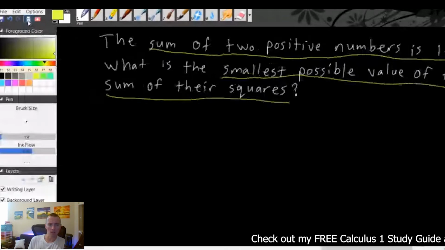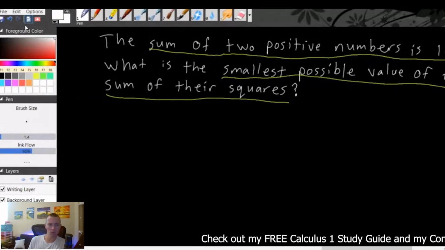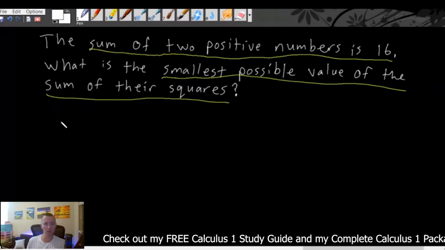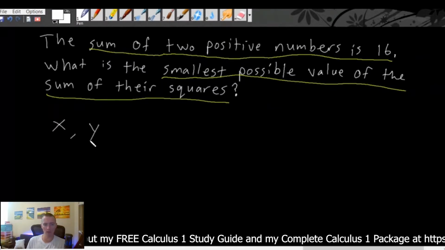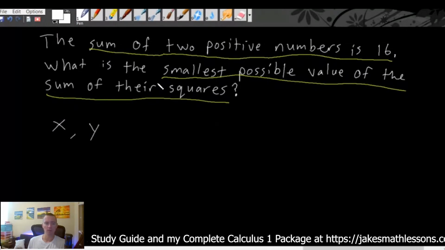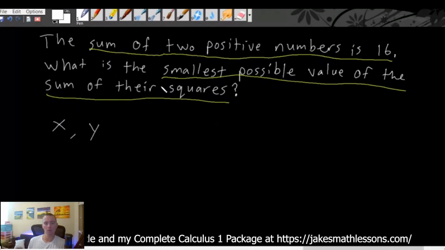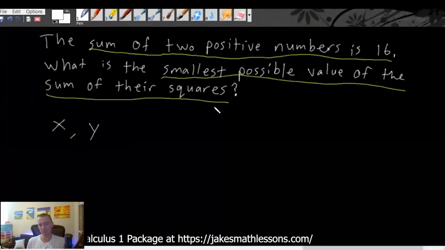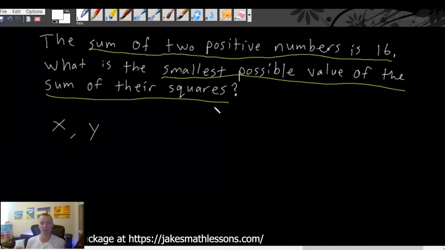We don't know what the numbers are, but we can just say x and y. We know they're positive, we know their sum is 16, and we know what we're looking for: the sum of their squares. That's really all we want to figure out for step one.